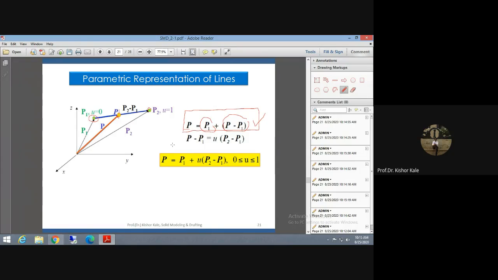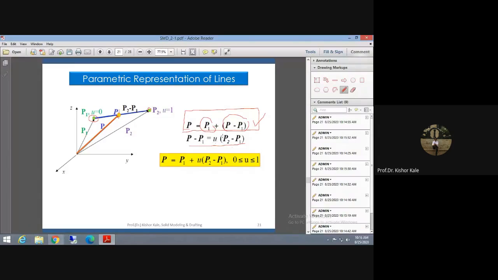Now what we have written, this P minus P1, this distance, can you say that it is proportional, it is actually equal to U times P2 minus P1? Can you write this? Now assume P2 minus P1 is the total length of a line.